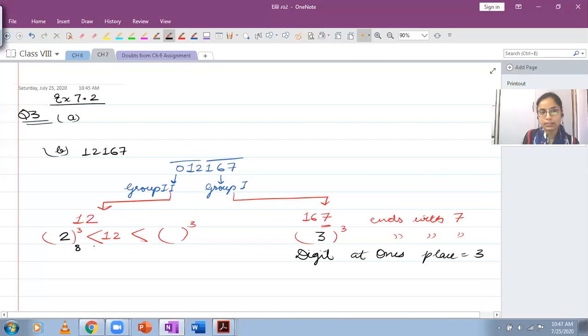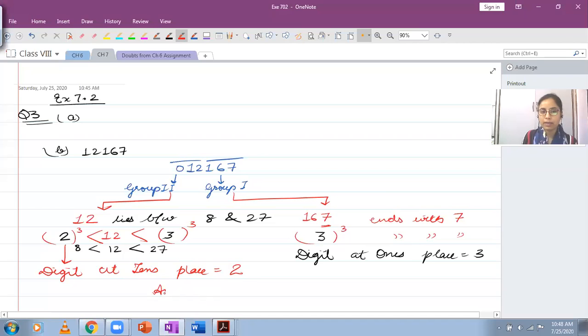Yes, that's 2 cube and उसके बाद आता है 3 cube, which is 27, right? 12 lies between 8 and 27. So 8 is 2 cube and 27 is 3 cube. And from here, I want to pick the smaller number. So this will be the digit at tens place.